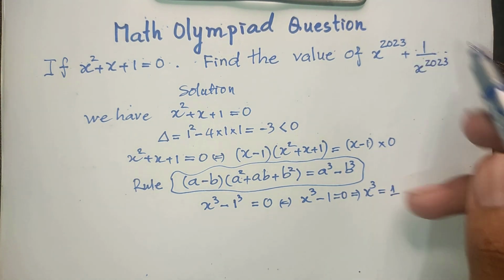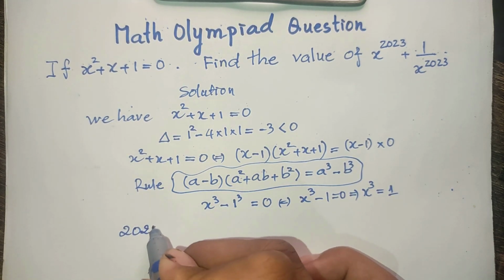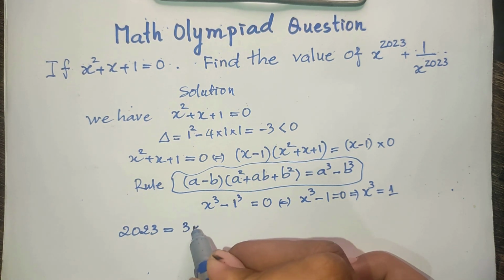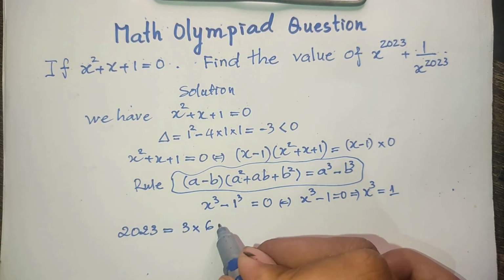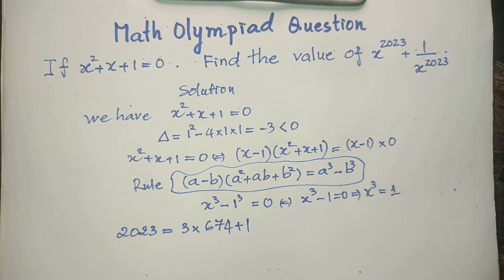Okay, we know that 2023 is equal to 3 multiplied by 674 plus 1.